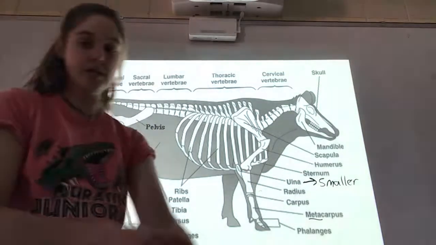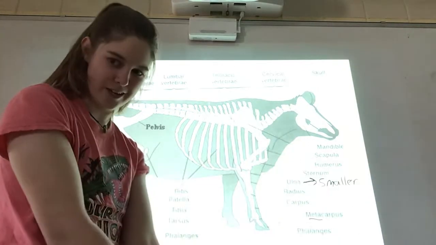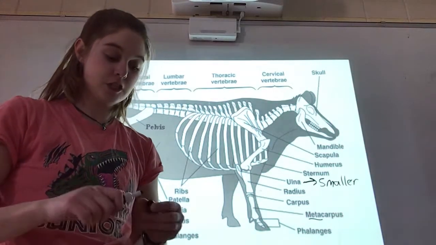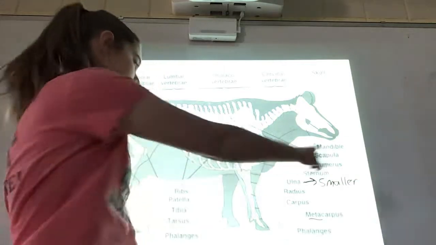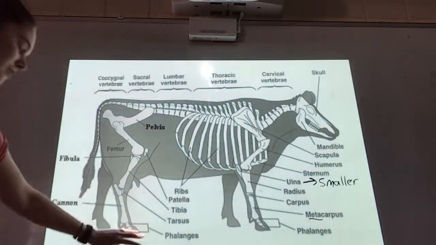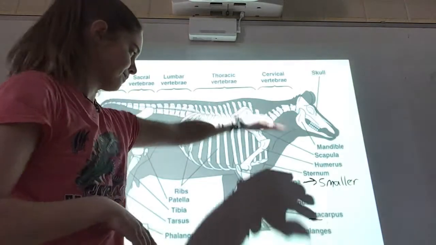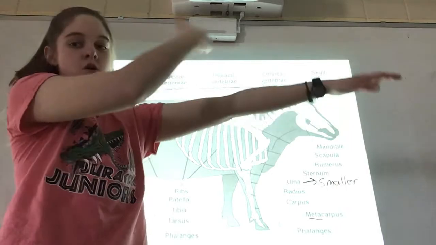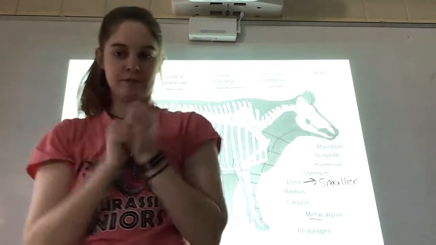So your metacarpus is between your carpus and your phalanges. We all know phalanges is a fun word to say. And your phalanges are both your fingers and your toes. So, phalanges are here, phalanges are here. All phalanges. So, arm, we start at the scapula, we go to the humerus, radius and ulna, carpals, metacarpals, phalanges.